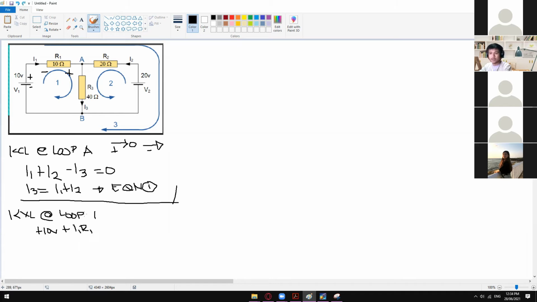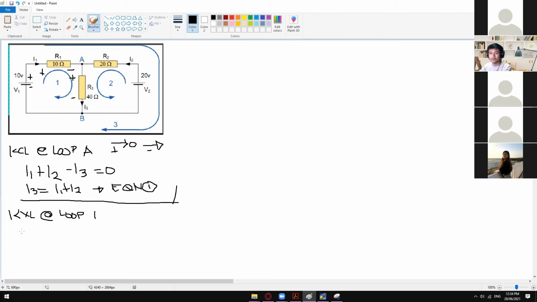So the correct polarity for this one must be positive and then negative on the other side. The same with the R3, positive and then negative, because we must have a negative signage after passing through a certain load or resistor.